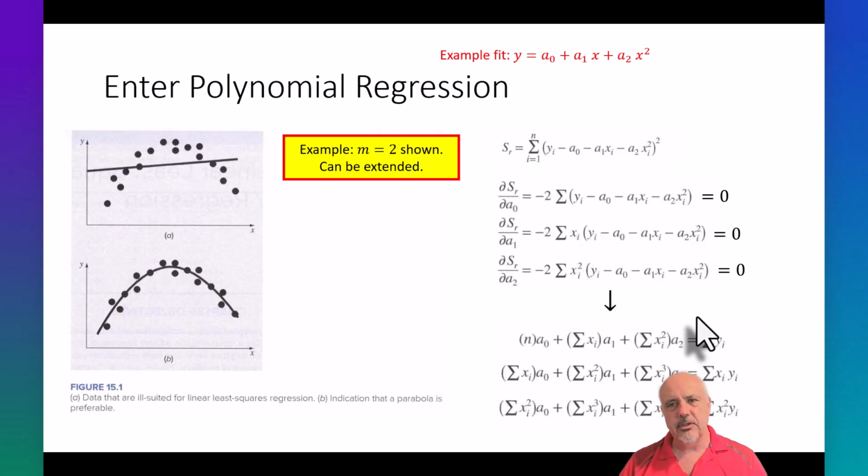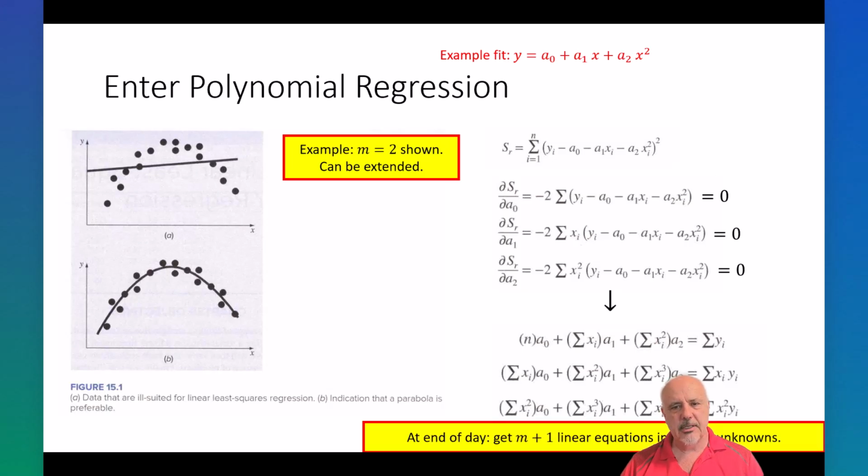The m is tracking the degree of the polynomial. N is the number of data points. But at the end of the day, you're going to get m plus 1 linear equations. Previously, we were talking about a line, so m is 1, and we had 2 linear equations and 2 unknowns. Now for the parabola, m is 2, so we're going to have 3 equations and 3 unknowns, where we're adding the a2 as an unknown.